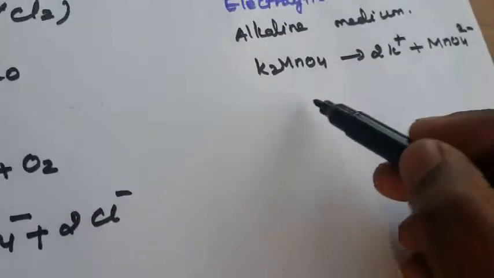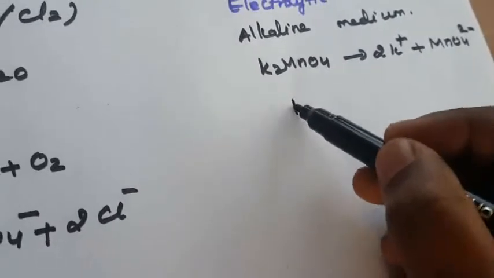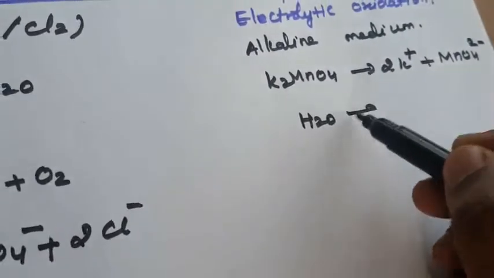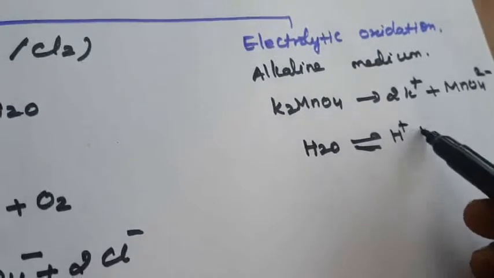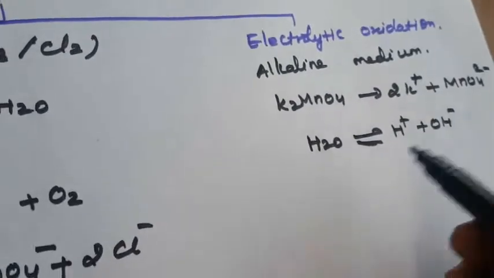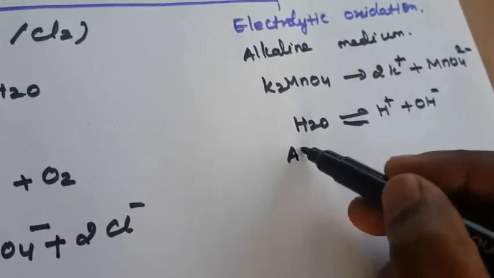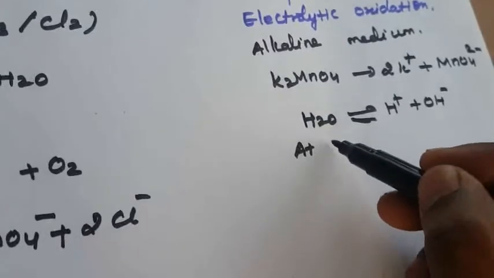So at the anode, when it reacts with hydrolysis, what will happen? H plus and OH minus. What happens at the anode? That is electrolytic oxidation at the anode.